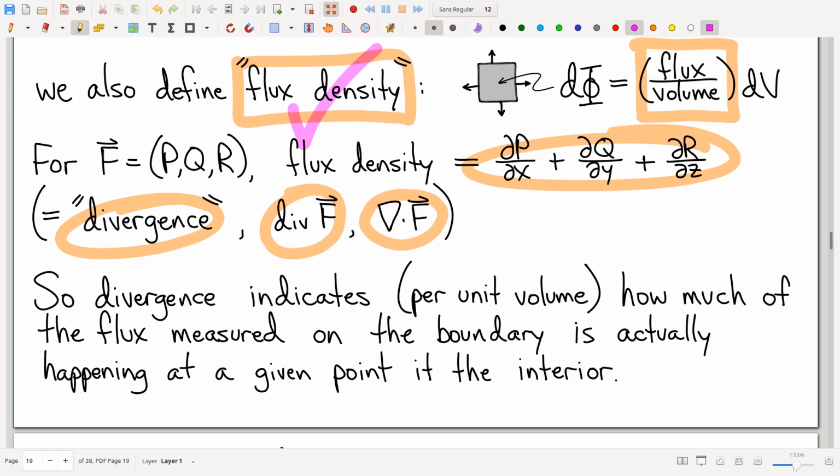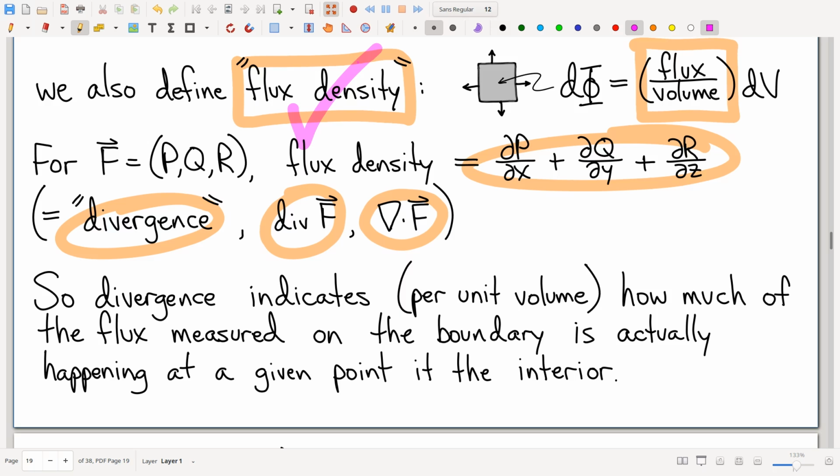In fact, the prevalence of the term flux density is what made me decide it would be a good idea to start pushing terms like circulation density and change density, because it makes just as much sense as this does. Less common, but nevertheless, it makes just as much sense.